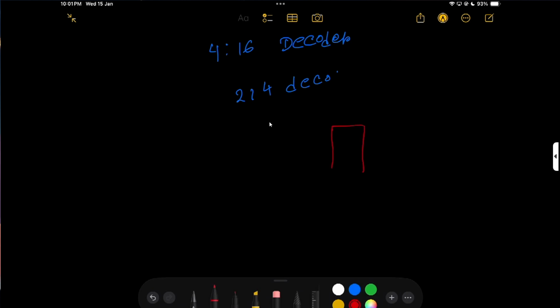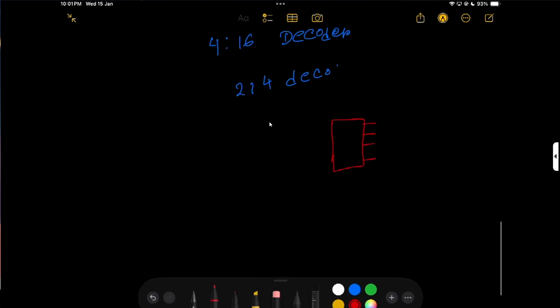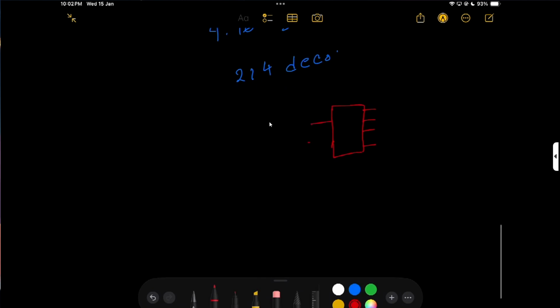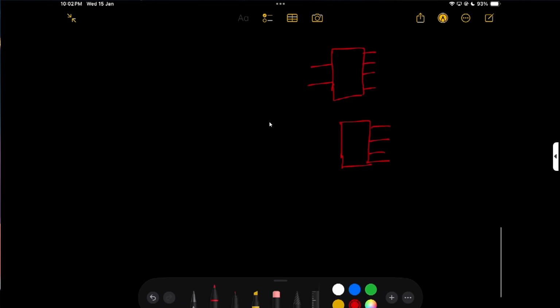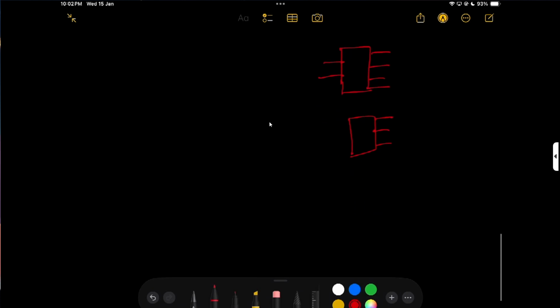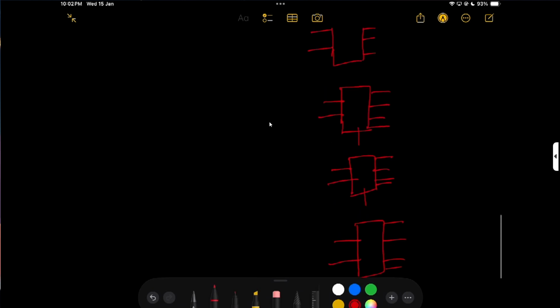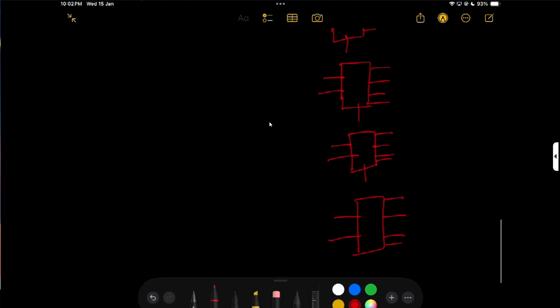Here is your 2 is to 4 decoder, with 2 inputs and outputs, and here is the select line, or enable line.